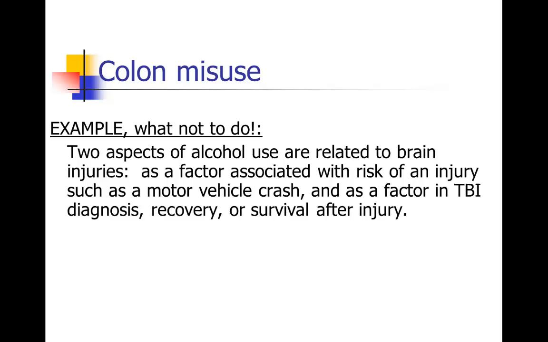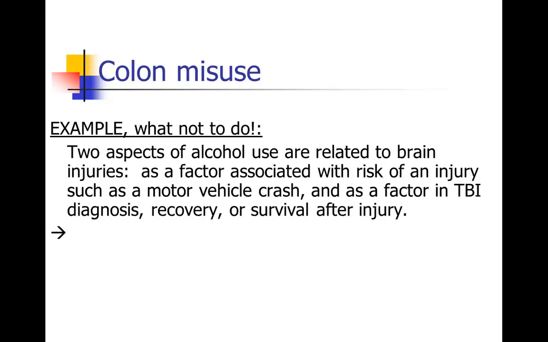Notice that it sounds funny when I read that out loud, because they're saying two aspects are related to brain injuries. Aspects are nouns. So what the reader is expecting after the colon is nouns. But what they get instead is "as," a preposition. That's funny because the reader is expecting nouns. If you set up nouns, you've got to follow with nouns.